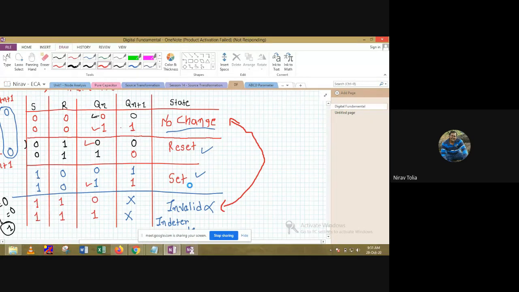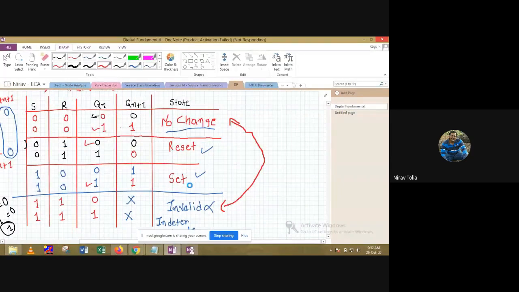Again I am repeating, when I am using the NOR gate and my S is 0 and R is 1, R 1 means reset, so at that time my state is reset. And when my S is 1 and R is 0, my state is set.